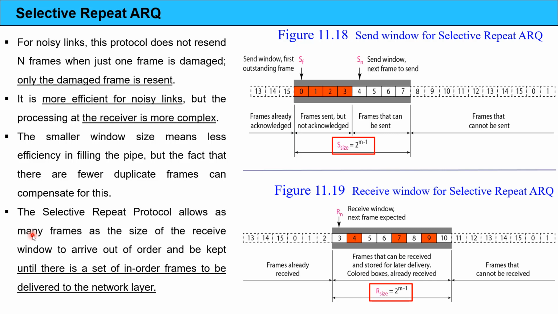I have to wait for the window. But if, for example, 8 and 9 and 10 are received, I will not do anything. I'm still waiting for 3. It depends on the number of completed frames, whether the window shifts all or part of the way. So what's important is the start of the window.